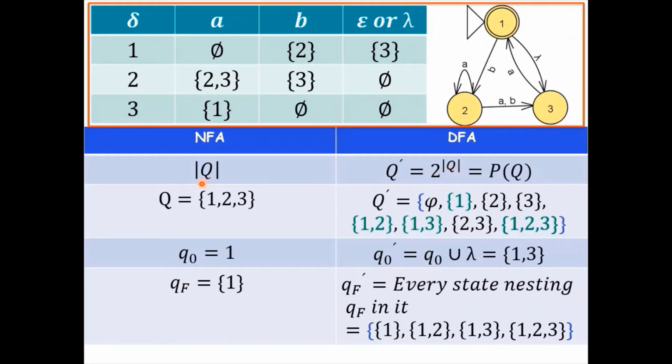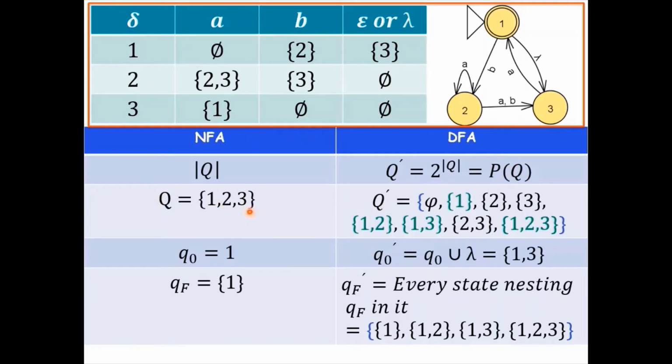As in our case, the NFA consists of 3 states, the corresponding DFA would contain 2 raised to the power 3, that is 8 states, which would be the power set of Q. Q means the set of states of NFA.